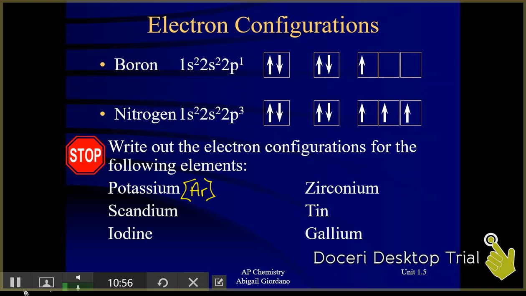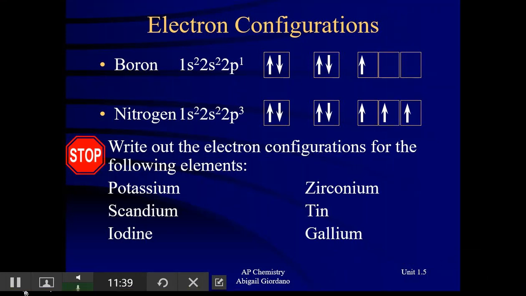That's essentially saying, okay, we've done all of the configuration through argon. Where do we go from there? Then it's just 4s1. So there's our shortcut, our noble gas configuration for potassium. Okay, so pause the video and you guys try the rest of these on your own.